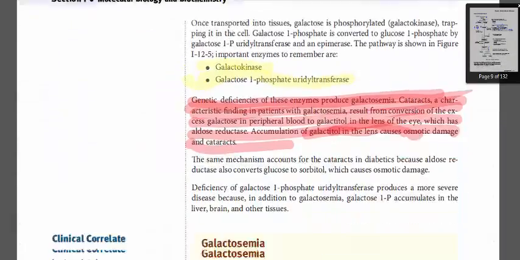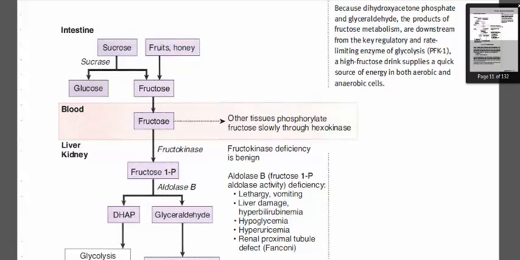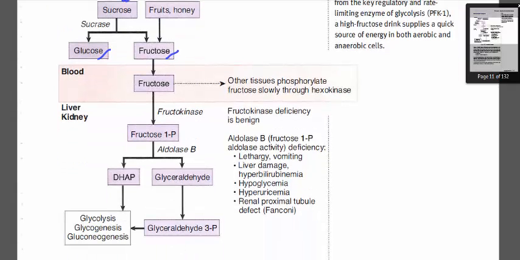So now few words about fructose metabolism. Again, we get fructose from sucrose, and sucrose is hydrolyzed to make glucose and fructose. Glucose follows the glycolysis, and fructose again is first phosphorylated to fructose 1-phosphate, and then for this fructose 1-phosphate, the enzyme is aldolase B instead of aldolase A, that is used in glycolysis.